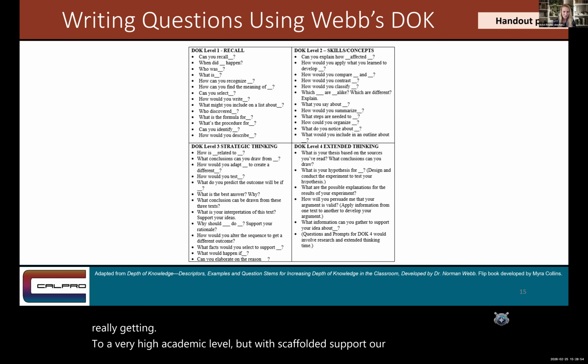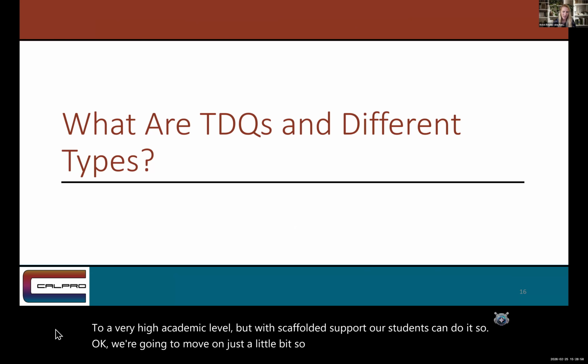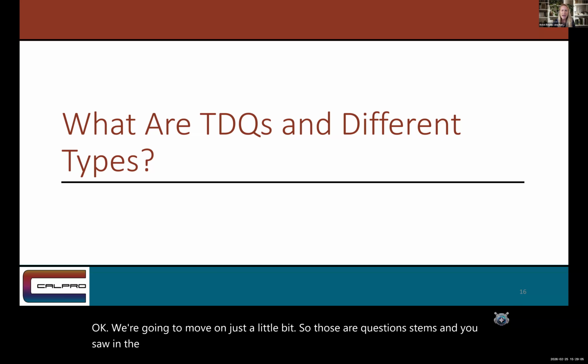So, okay, we're going to move on just a little bit. So those are question stems. And you saw in the 3 shifts, evidence: employing and extracting evidence from text. So with that, we use what are called text-dependent questions.